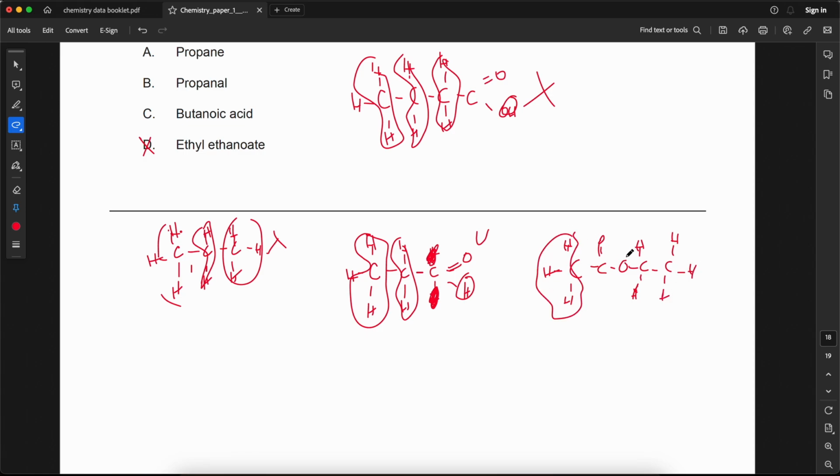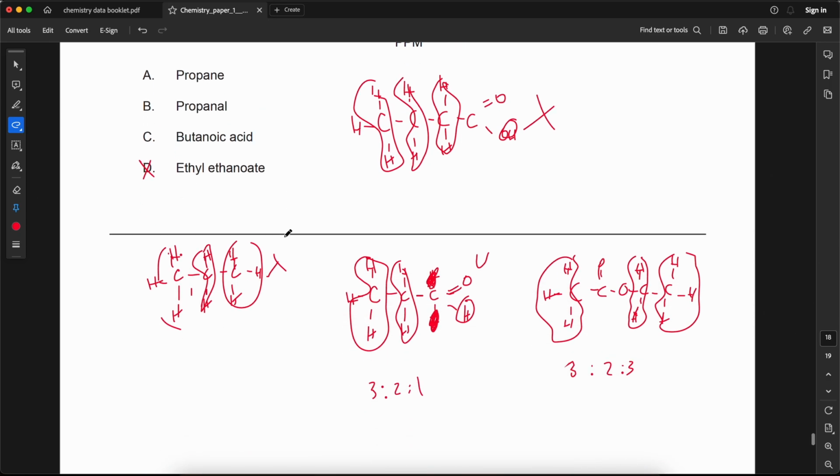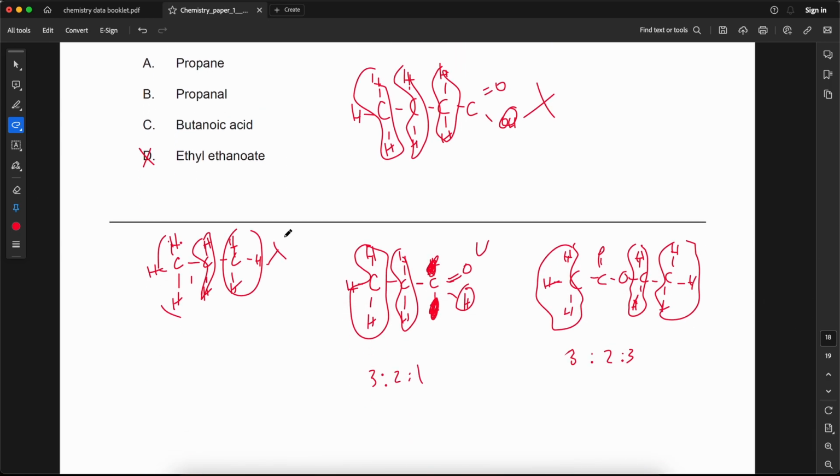So it will be here, here, and here. So that would be 3:2:3. And for this one it is 3:2:1. Okay, so it matches here more. All right, this is not 1 because it's almost similar to this. If it's 1, it should be a bit smaller. Therefore, for propanol, that's not the case. So that's why the answer is ethyl ethanoate.